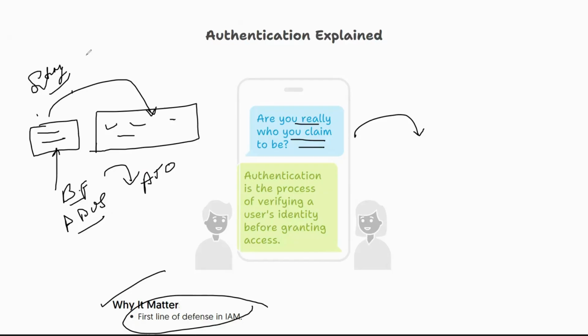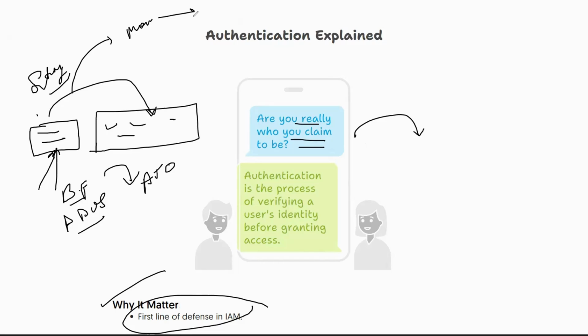Or your authentication system has good monitoring in place. Let's say there is a constant brute force. We'll definitely discuss it in future sessions, but brute force is where you are constantly trying to enter bulk usernames and passwords.